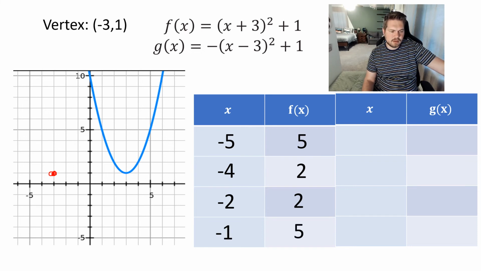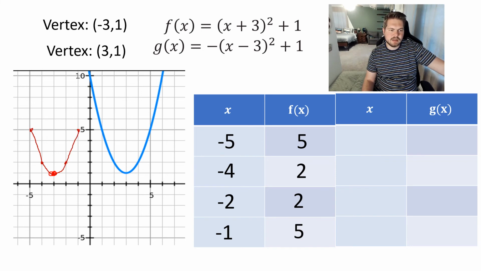So it would look a little different. Most of the graph would be over here, like I mentioned before. Negative 4 would be 2, negative 2 would be 2, negative 1 would be 5, and negative 5 would be 5. So it'd be over here, which is not where we want it.